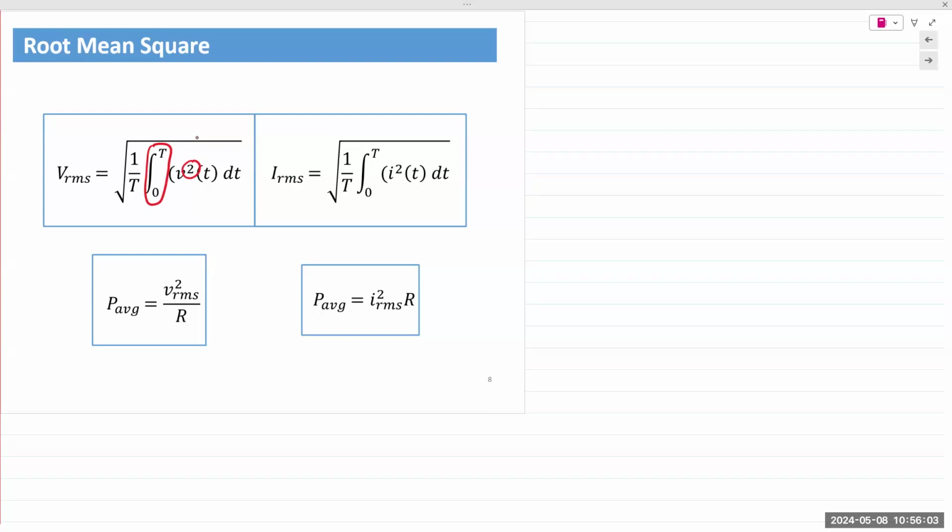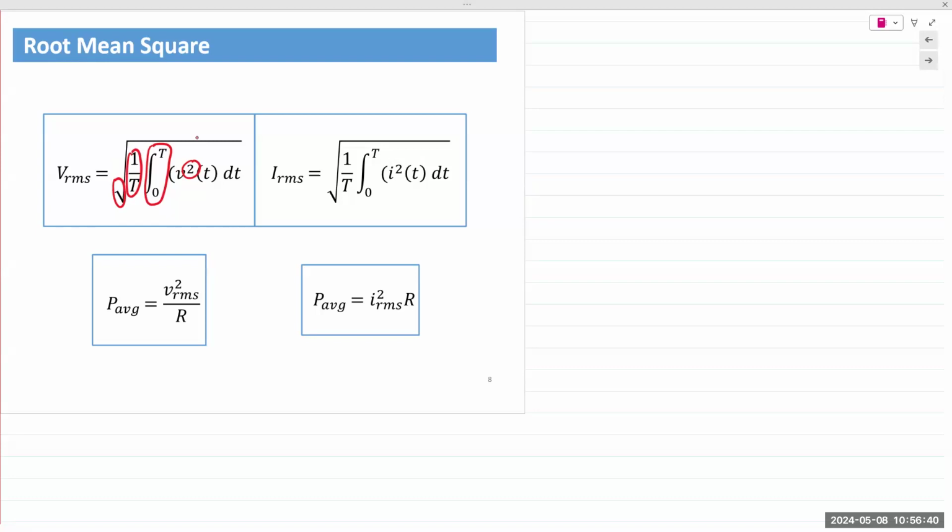So from 0 to T, one time period, you add up all the slices, integrate from 0 to T. Then you take the average, which is 1 over T. And because we took the square initially, we now take the square root, which is right here. So again, it is nothing but the square root of the mean of the square of the waveform. It applies to both voltage and current.